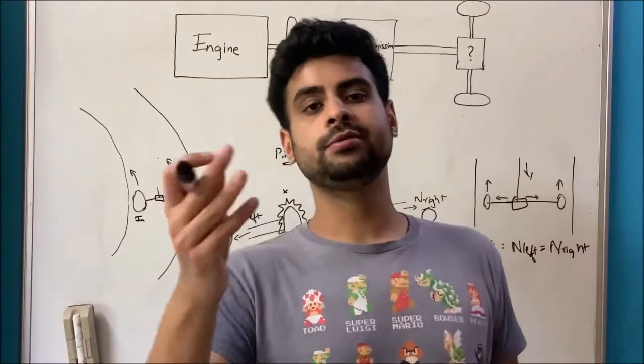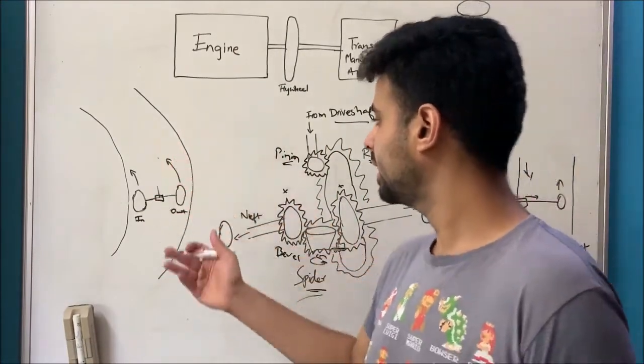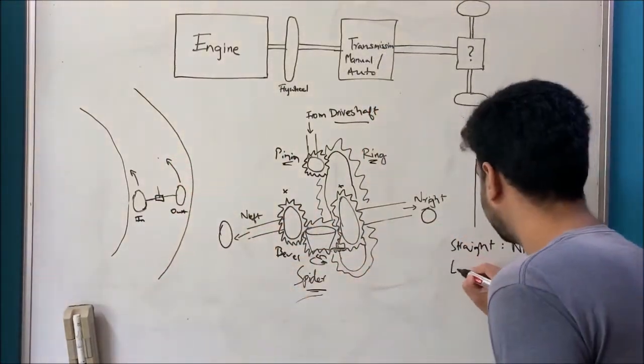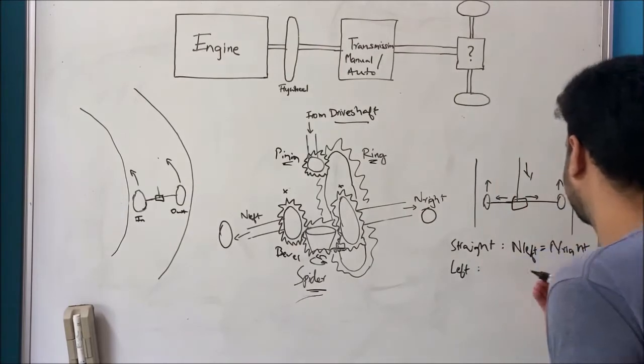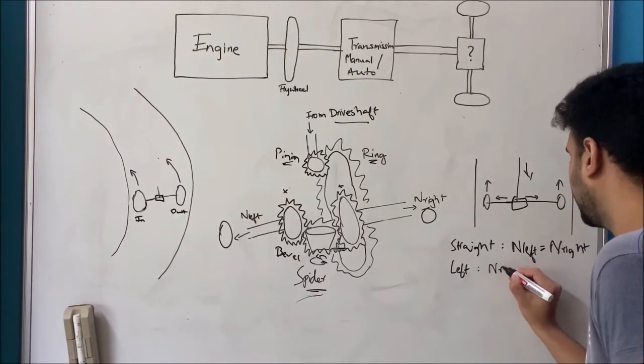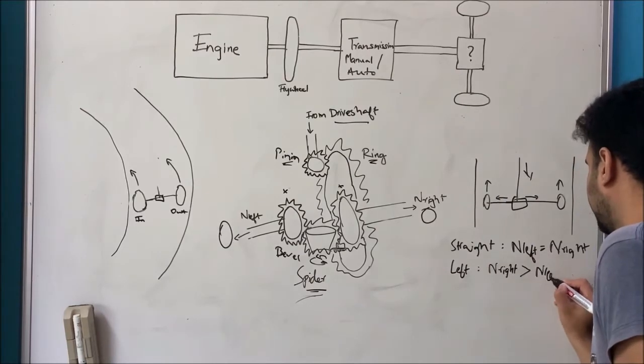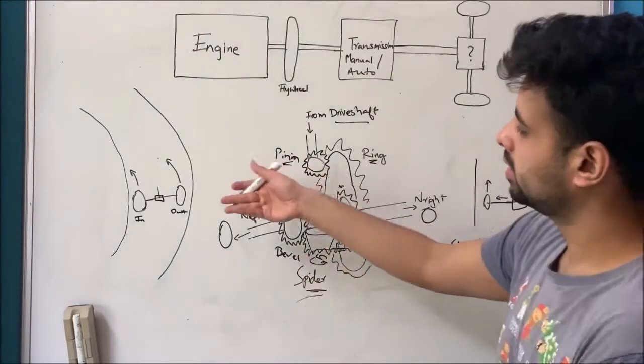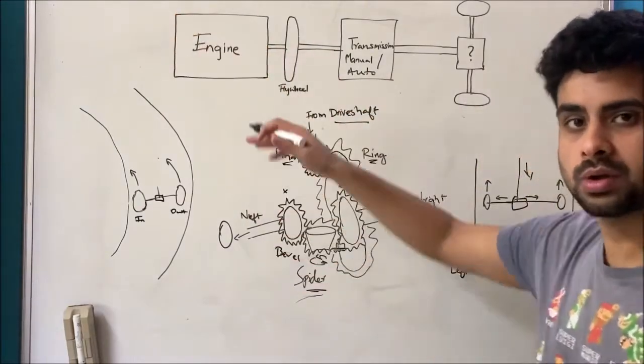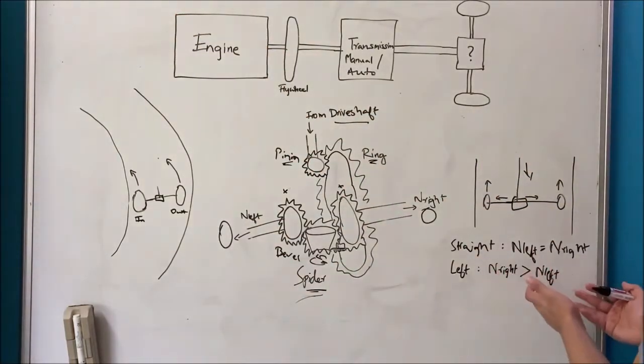And if you want to take a left turn like this, n right should be greater than n left, right? Because n right, this guy has a lot more to travel, so n right should be greater than n left.